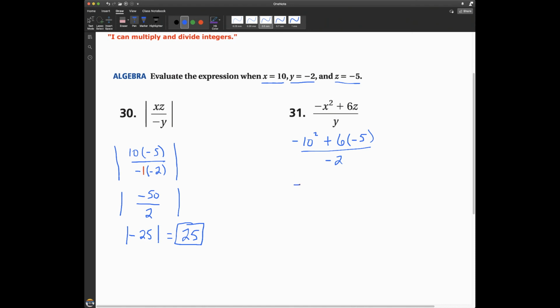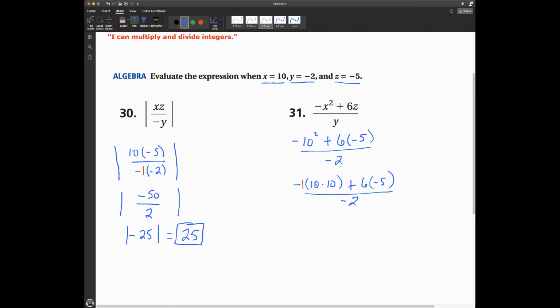So this should be -10 times 10. And since there's a negative sign out there, I'll put a magic 1 there. Once you practice these, you probably won't put that magic 1 there. You'll just know that it's there. Okay, and then I have 6 times -5 divided by -2.